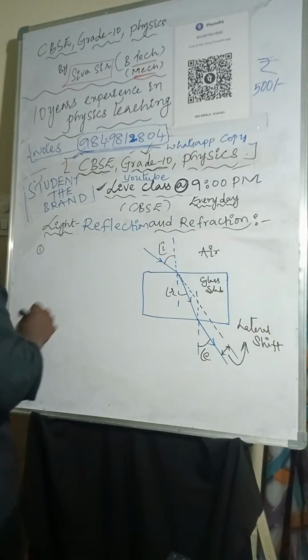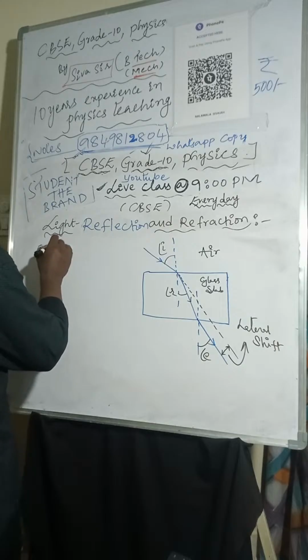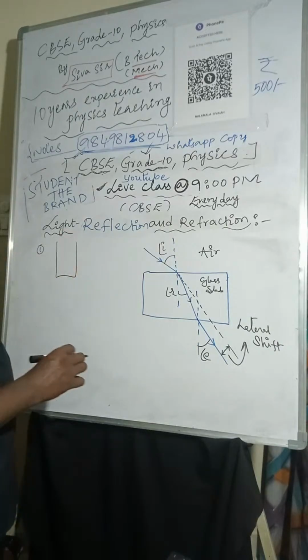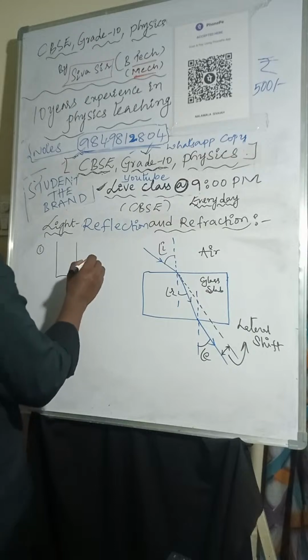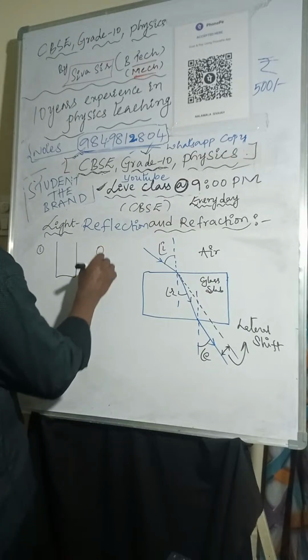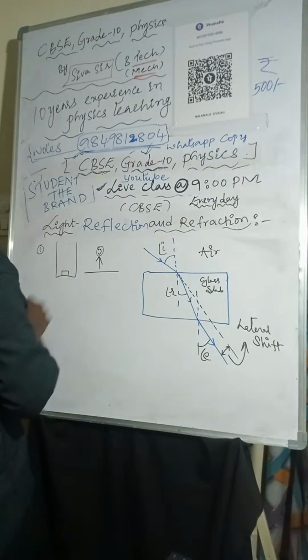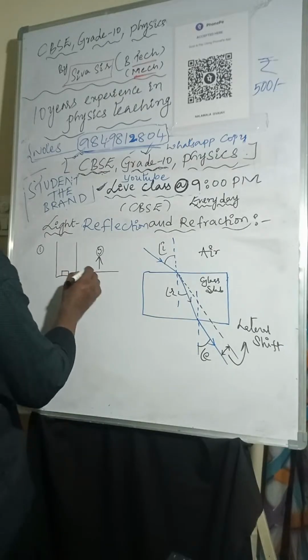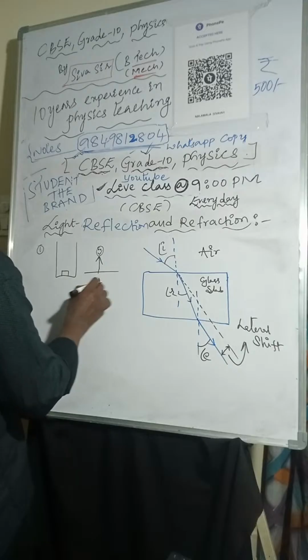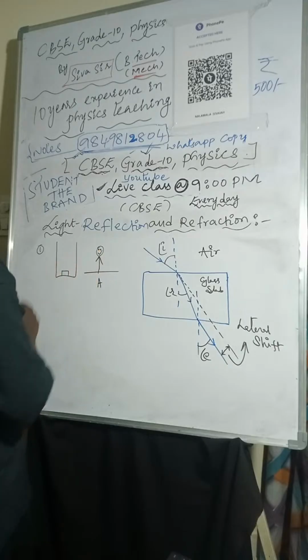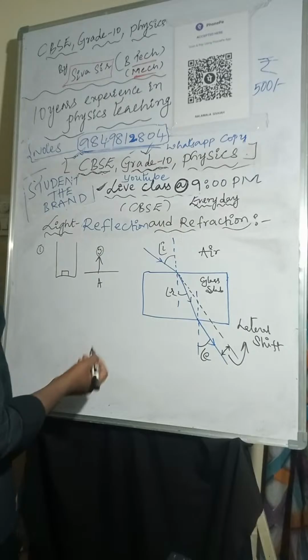Question number 1. If you are taking the beaker here, the person is standing here. A coin is placed at the bottom of the beaker. From this position, the person can't see the coin initially.